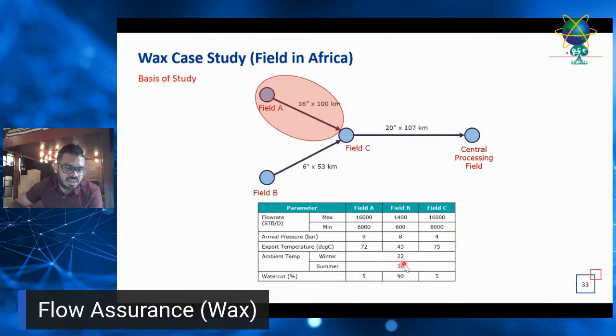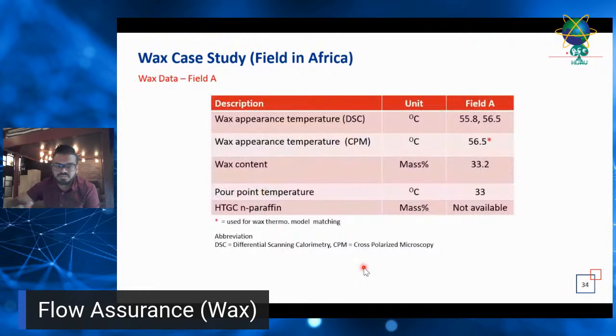Look at the ambient temperature, it's only 22. So of course wax will start to precipitate, because there's a very big temperature difference as well. Your ambient is 22, your fluid temperature is 72, and your WAT is about 56.5 degrees C. Water cut is about 5%.